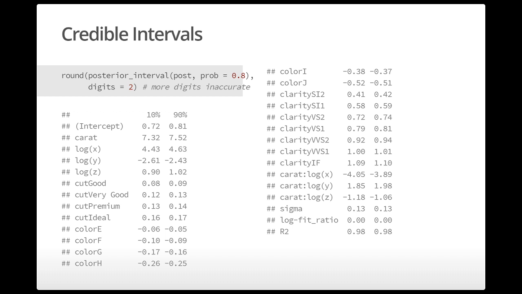That's the sort of thing that people say about frequentist confidence intervals with no justification. But anyway, posterior intervals is what will get you those, and you can put in whatever width you want.